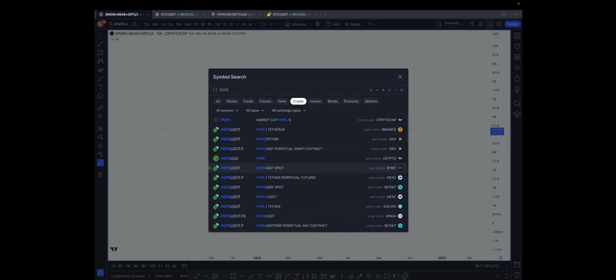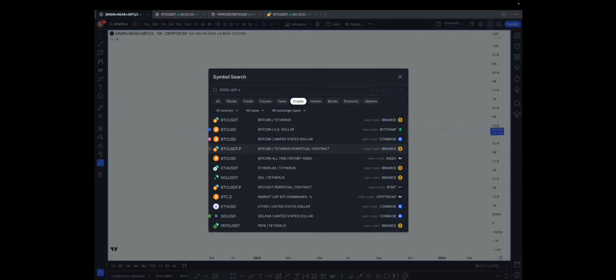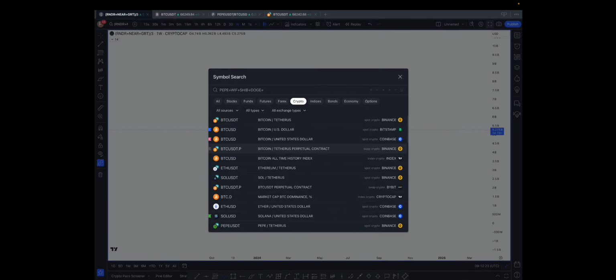Meme coins, we have Pepe, that works. WIF, does it have market cap? We do. I'll not include Doge. I want to include the new ones. Pepe, WIF. Might be hard to get any of the other ones. I guess I'll just include the big ones because we have SHIB market cap, we have Doge market cap, and we have, what else?